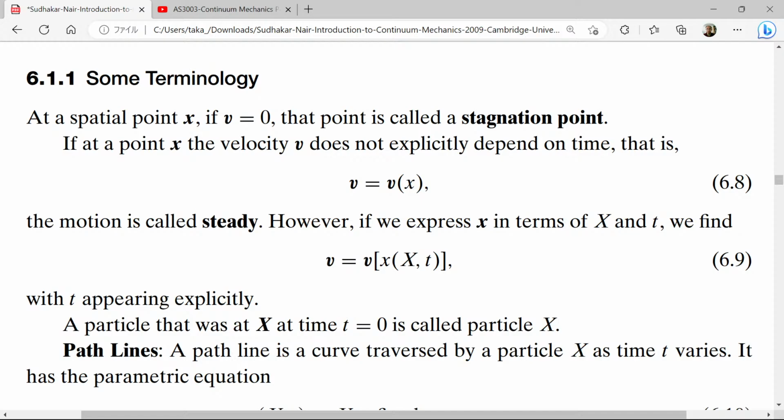However, if we express small x in terms of large x and t, we find v equals v as a function of small x, which is also a function of large x and t, with t appearing explicitly.